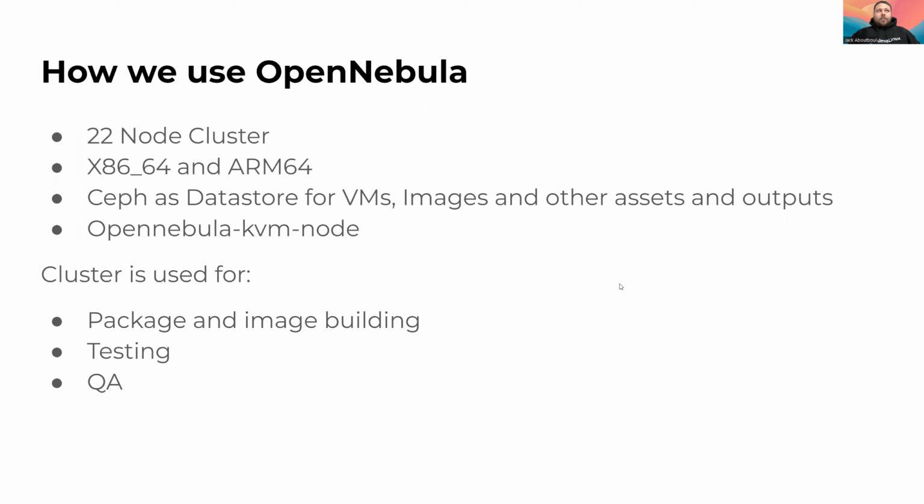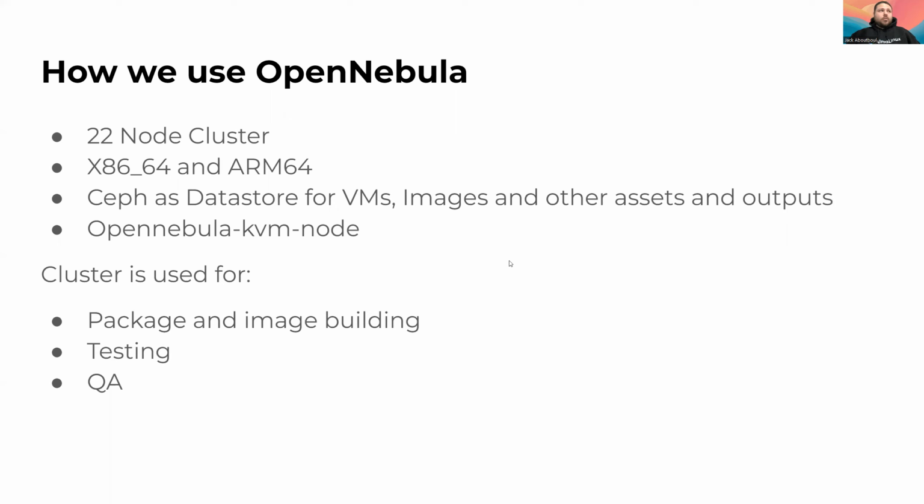We use Ceph as a backend data store, storing the VM disks, images, and other assets that we need in the everyday run of our work, and also the outputs of all the image builds and all the QA work. So a fair amount of activity takes place on the OpenNebula cluster. We're also running OpenNebula KVM nodes to be able to use OpenNebula with KVM.